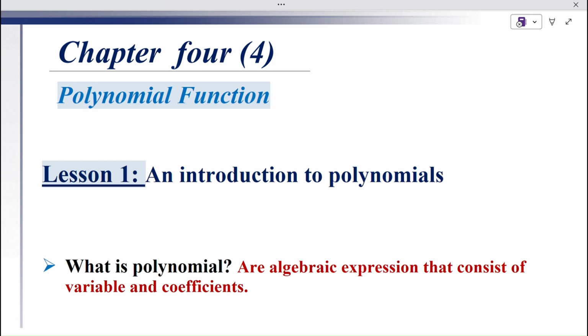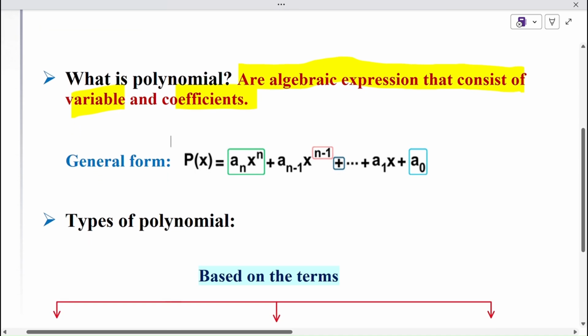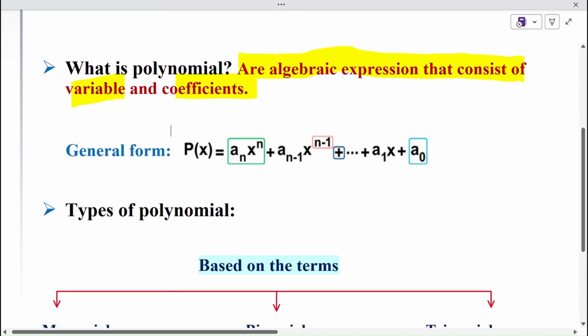But first, what does polynomial mean? Polynomials are algebraic expressions that consist of variables and coefficients. Just variables and coefficients. Look here. Variable means x, and coefficient means this number, which is next to this x.